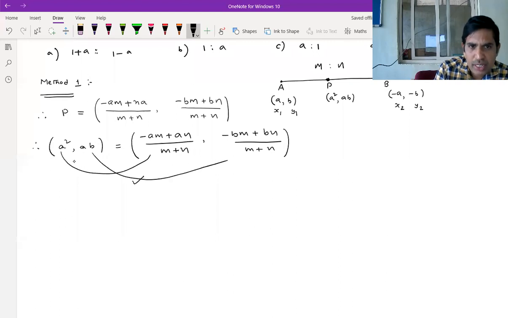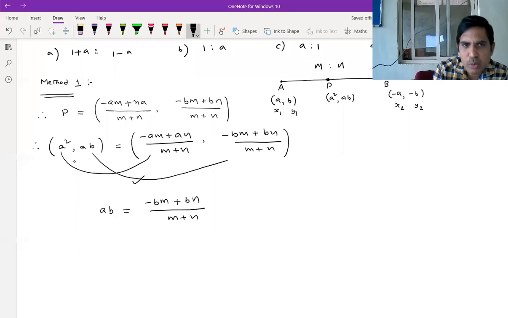Suppose I equate the second one: AB is equal to minus BM plus BN by M plus N. Now the y coordinates are equated.